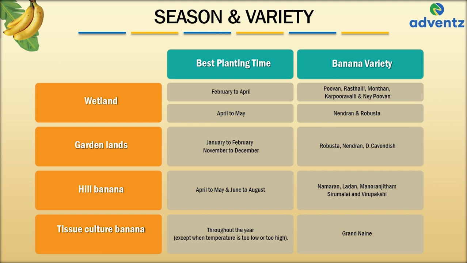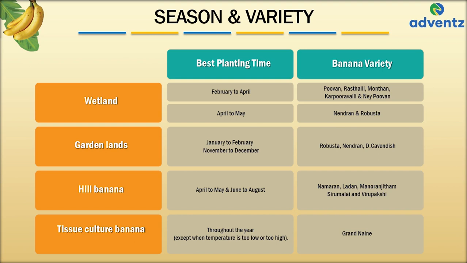The varieties most suitable for planting between February to April are Puvan, Rasthali, Manthan, Karpuravali and Nepuvan. For April to May, the most suitable banana varieties are Nendran and Robusta.